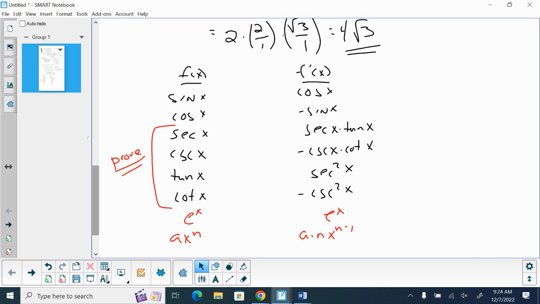Okay, with derivatives, with these, you just have to continue to practice.